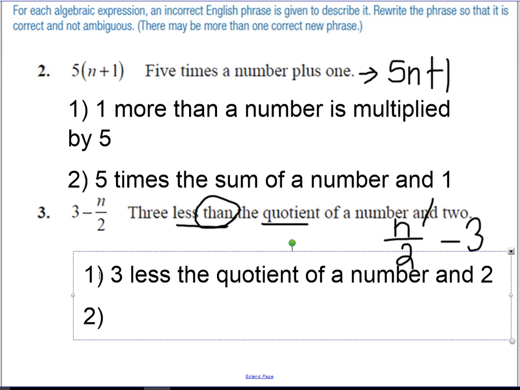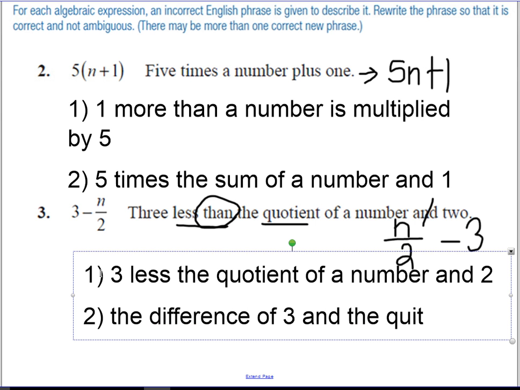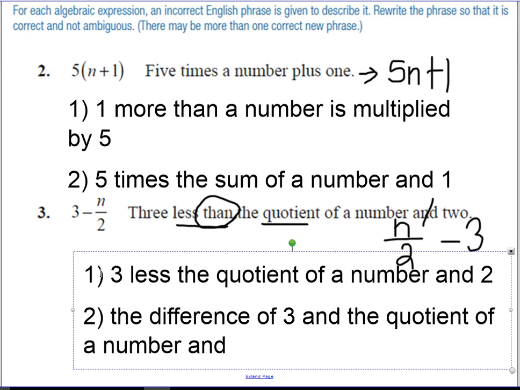Or we can say the difference of 3 and the quotient of a number and 2. So again, there's 2 different ways that would let somebody hearing this know that the 3 comes first, and then the quotient, again, think of it as fraction, comes second.